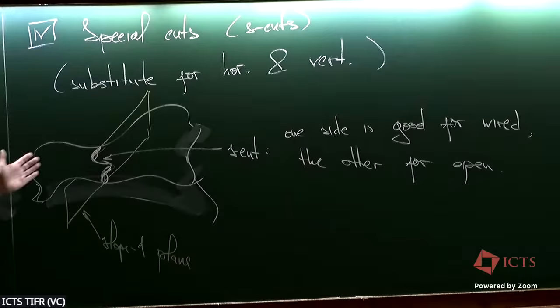And why do we need them? Because our tiling is generally not regular in any sense. You have quads of very different shapes, and it turns out that taking just straight cuts doesn't work. That's why you need a substitute of the cuts.